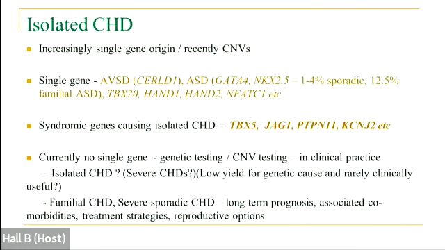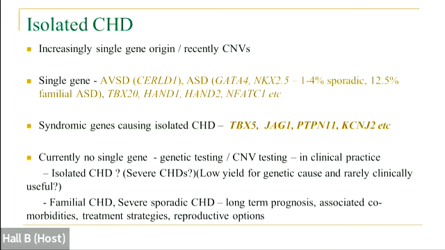Single genes can cause isolated congenital heart disease as well as syndromic congenital heart disease. For example, TBX5 can cause Holt-Oram syndrome as well as isolated septal defects. Currently, we don't do clinical genetic testing for isolated congenital heart disease, except for some severe congenital heart disease like conotruncal heart defects or familial CHDs.